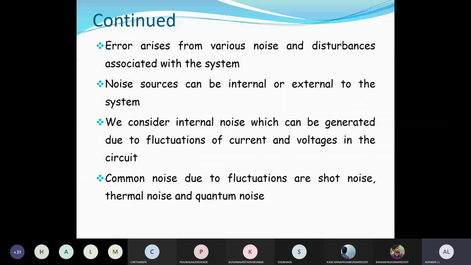You can write that noise arises due to the various noises and disturbances associated with the system. We classify the noises into internal and external. When we take the internal, there are three types: shot noise, thermal noise, and quantum noise. What are these? We will see.